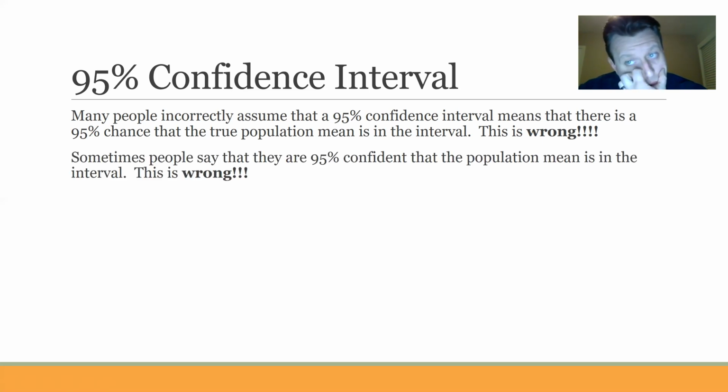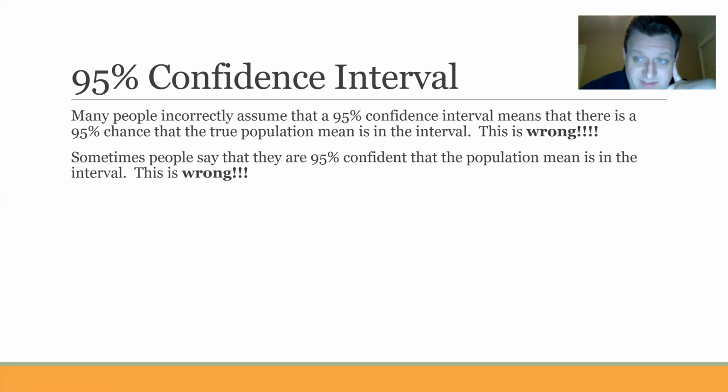Here are some other really bad interpretations of confidence intervals that you'll see made frequently. Sometimes people say that they're 95% confident that the population mean is in the interval. And this doesn't make any sense. I was about to use a bad word, but I censored myself for you. I don't even know what 95% confident means.